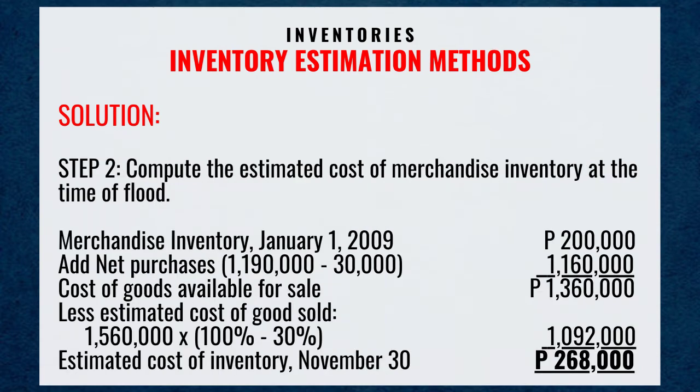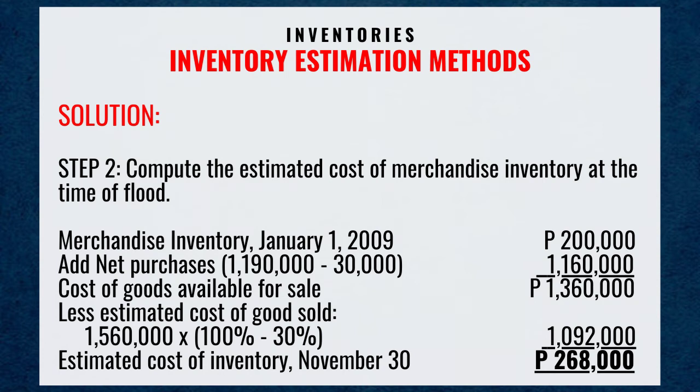Step 2. Compute the estimated cost of merchandise inventory at the time of flood. Merchandise inventory, January 1st, 2009 is 200,000 pesos. Add net purchases, 1,190,000 less 30,000 is equal to 1,160,000 pesos.